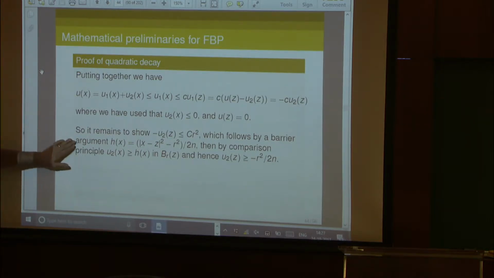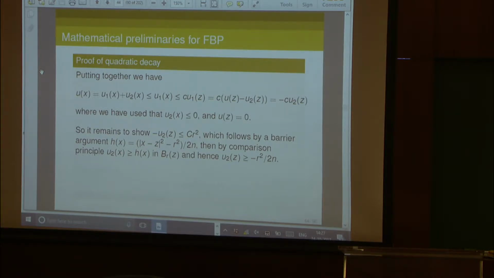So it remains to show that this function is bounded by r squared up to a constant. So how do we do that? We do it by a barrier argument. Think like this: the Laplacian of minus u2 is minus a characteristic function of something, because the Laplacian of u2 is the characteristic function.